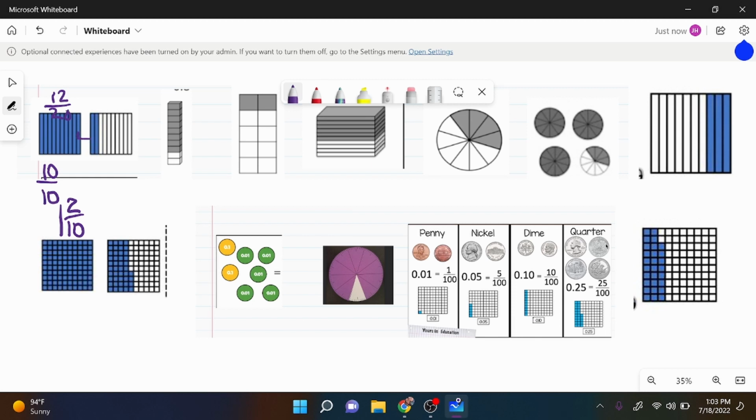But remember, these 2 pieces are not pushed together, they're not one long piece. So we're not going to say this is 12/20ths. We would say that this is 10/10, and then we have 2/10, and if I were to add those together, that would get me 12/10, which is more than a whole. So we have 1 and 2/10 here.